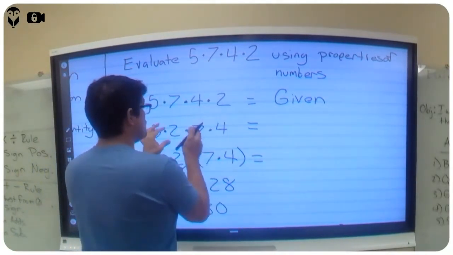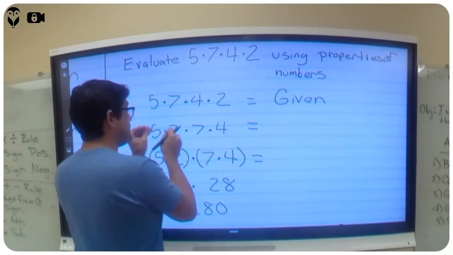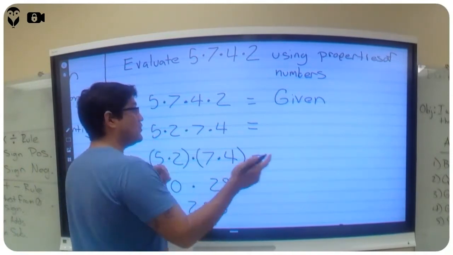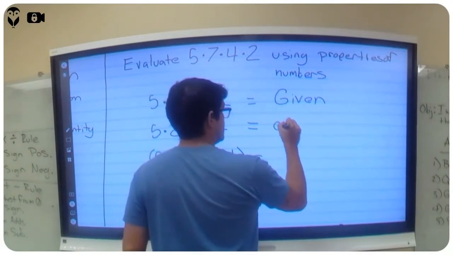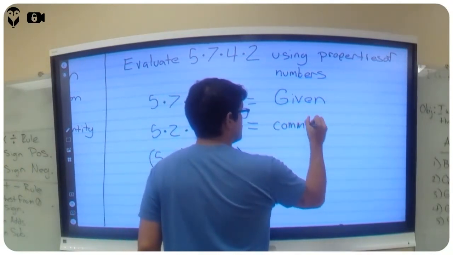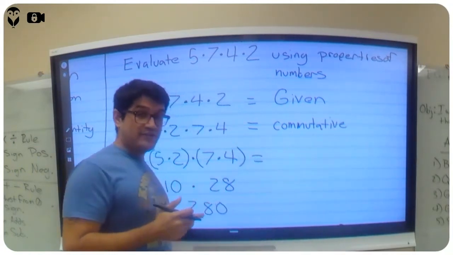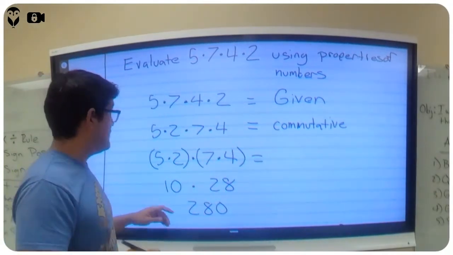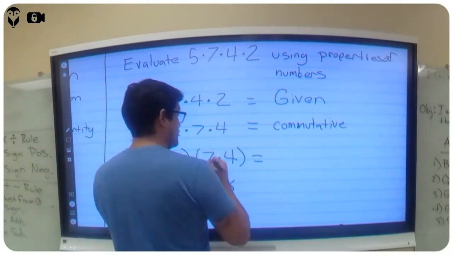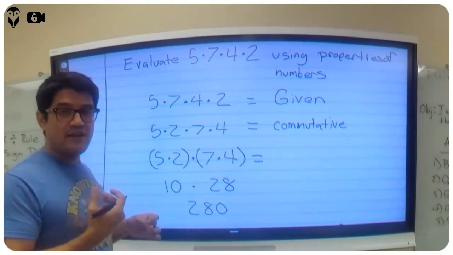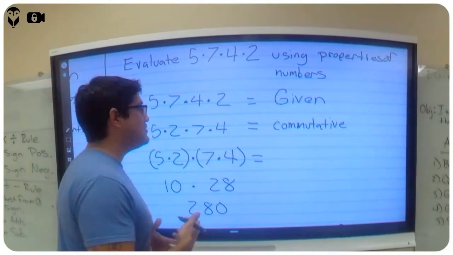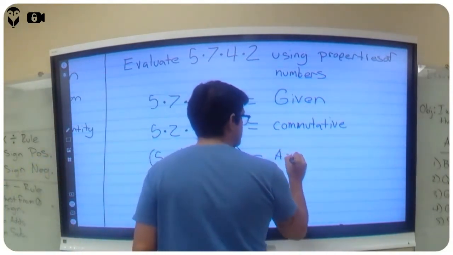So here I moved it around. If I can move things around and it makes the same answer, that's the commutative property. Then here I grouped them up without changing the answer. If I can group them up without changing the answer, that's the associative property.